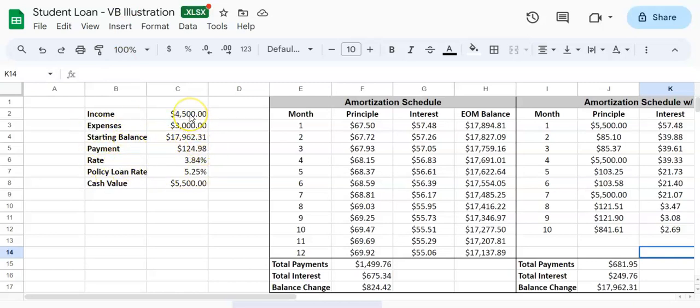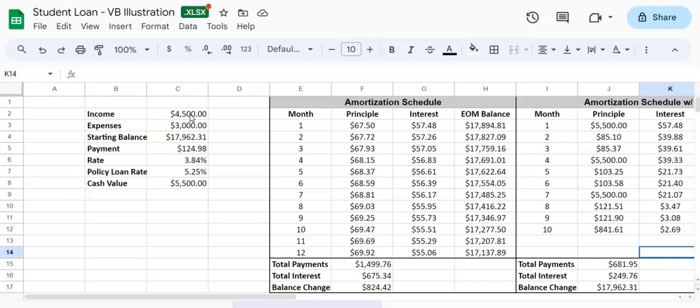So I'm going to set my income at $4,500. I use a program called Empower.com that tracks 100% of all of my transactions, incoming and outgoing, across all of my different bank accounts and credit cards. So it gives me a number.